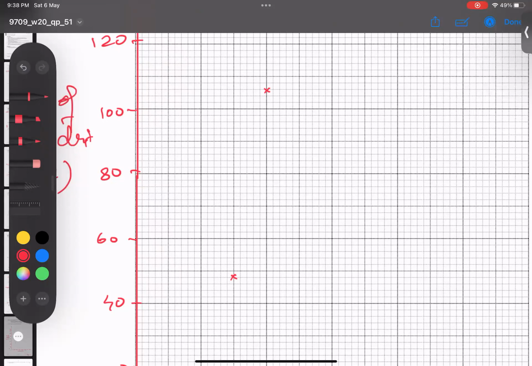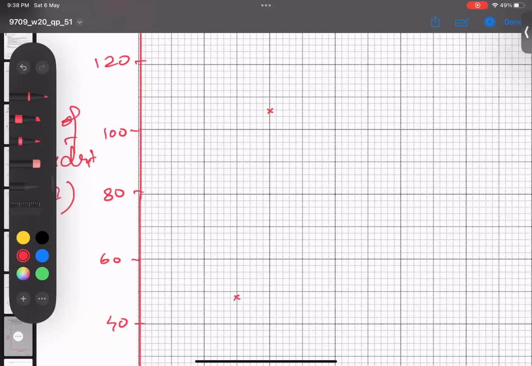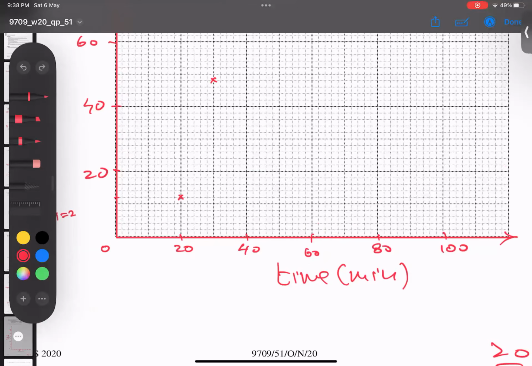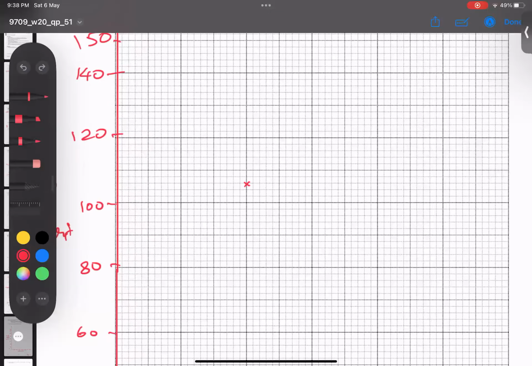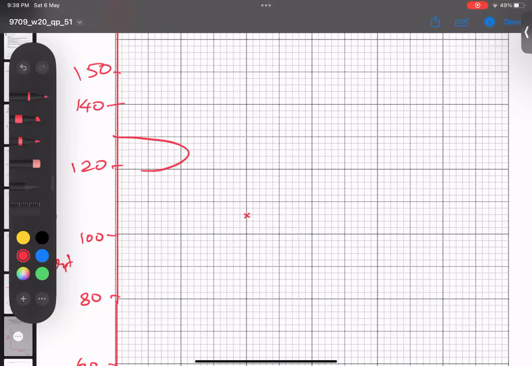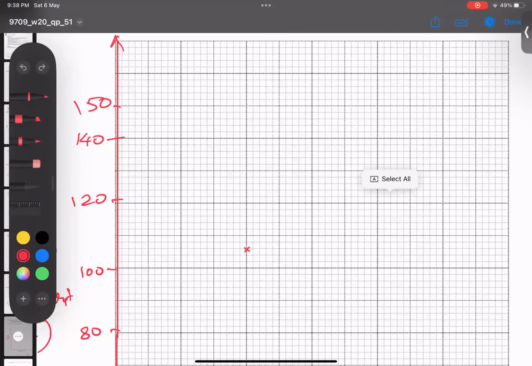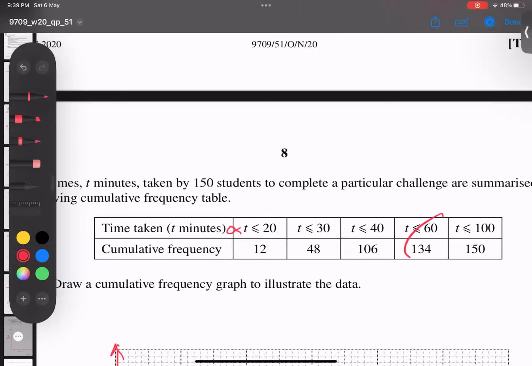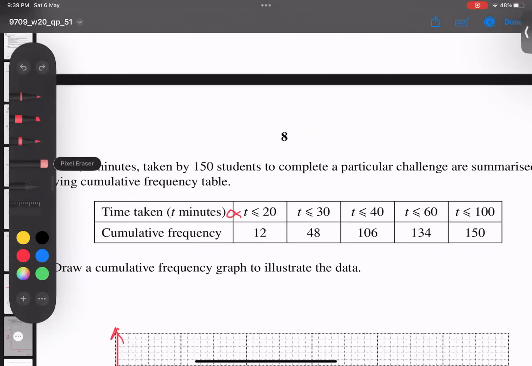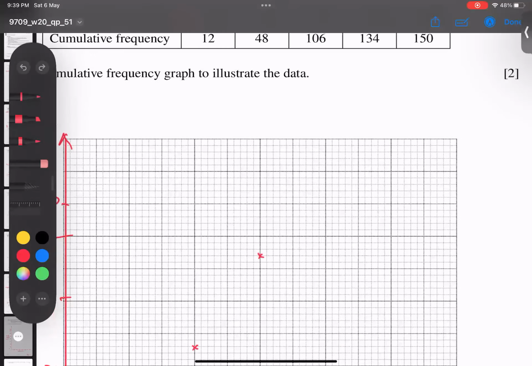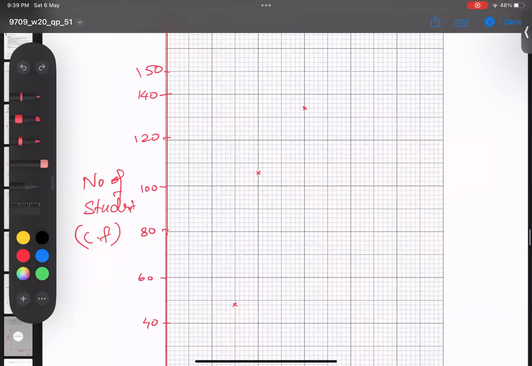All right, so the next part is what, students? 60 and 134. 60 from here, and 134. 130 here, and where is the 60 line? 60 is this line. 134 is 130 and 2 boxes above. Then 100 and 150. This is 100. Yeah, so 100 and 150.